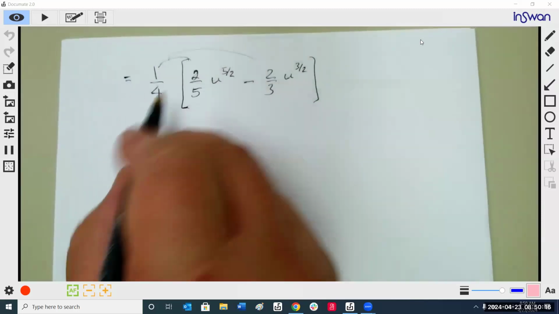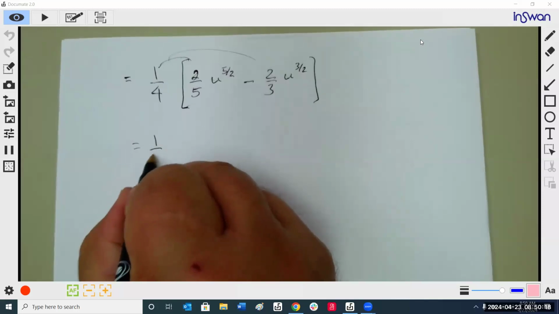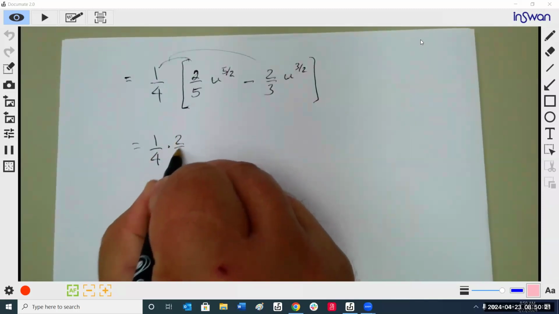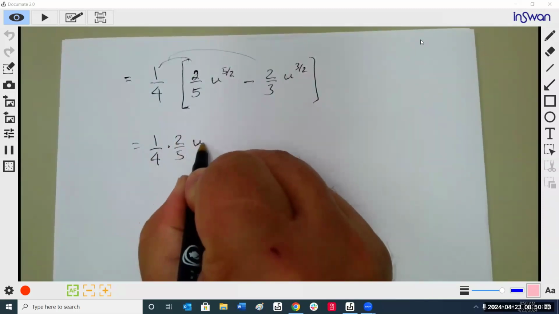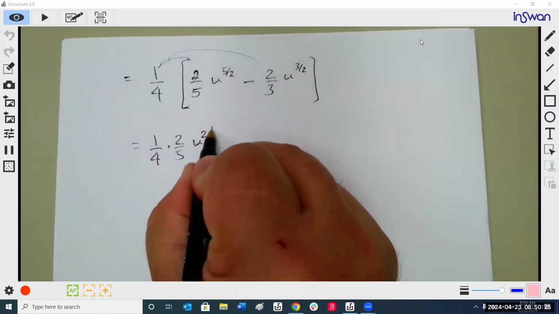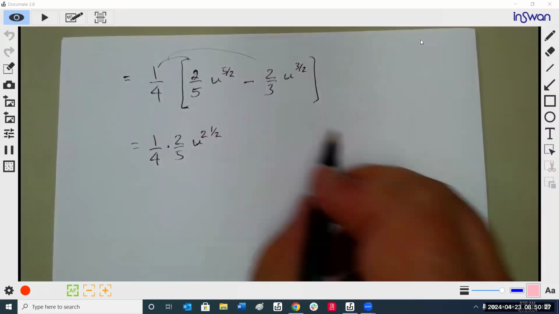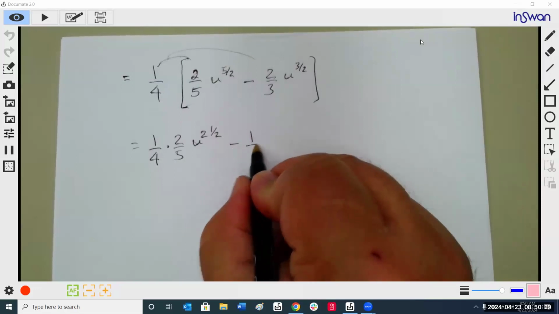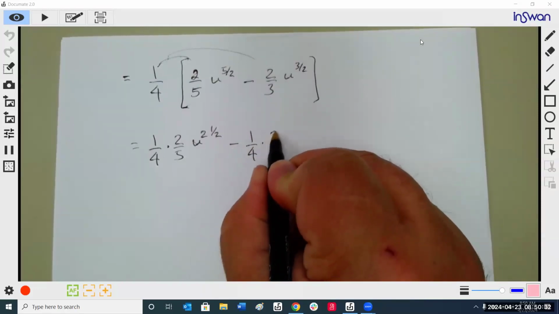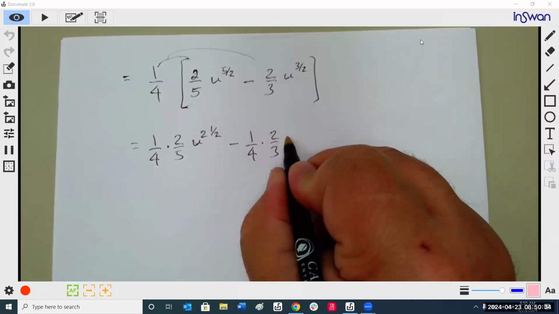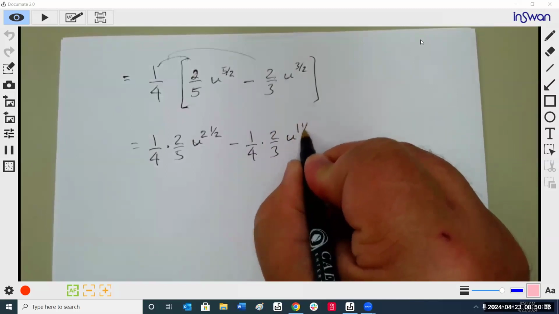We can distribute. So we get 1/4 times 2/5 u to the 2 1/2 minus 1/4 times 2/3 times u to the 1 1/2.